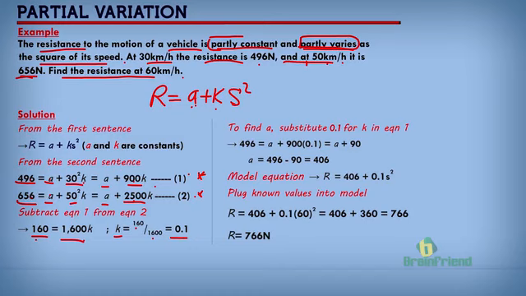Now that we have one constant, we also need to find our second constant, A. To do that, we substitute this value of K into any of our given equations 1 and 2. Let's use our equation 1 to find the value of A. 496 is A plus 900K, remember?